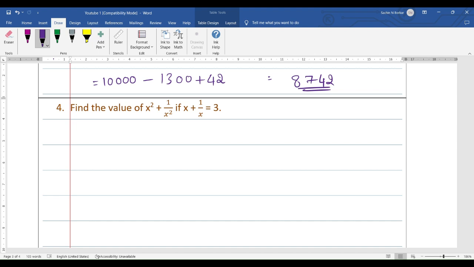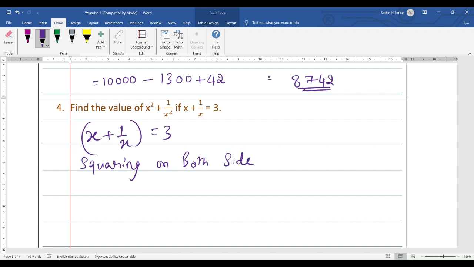When I have x plus 1 by x is 3, let me square it on both sides. x square plus 1 by x square plus 2ab will be 2 into x into 1 by x is equal to, right side, it is 3 square.